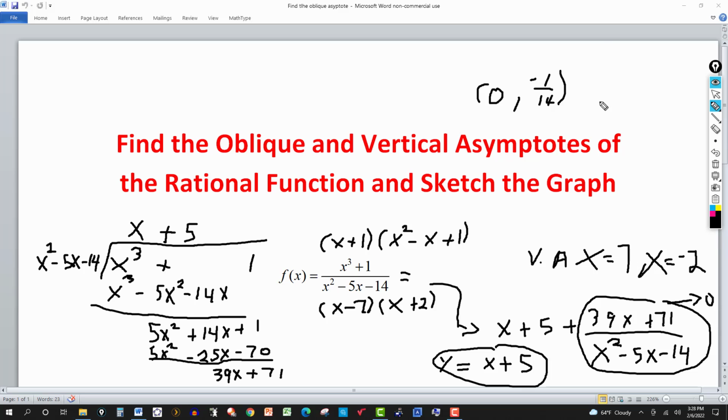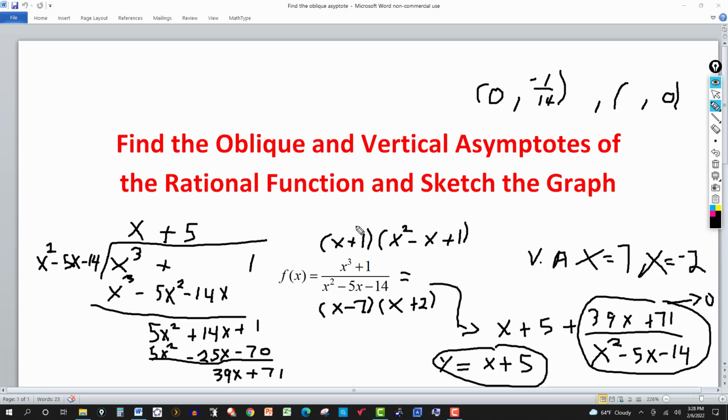Now, for the x-intercept, we want to know, what's the value of x when y is 0? If y is 0, then the fractional part on this side is going to be 0 when x is what number?